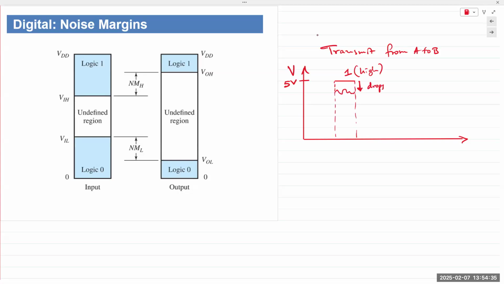So now, do you still consider this to be high or not? As an engineer, if you're designing a system, then yes. Let's say this drops down to like, I don't know, 4.5 volts or 4.75, 4.25. It's a random number, 4.5, because of some noise, right?